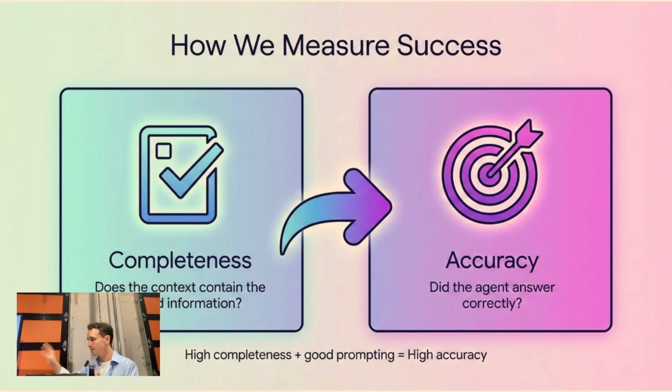That is different from if the agent actually answers the question correctly. So there are 2 evaluations going on when you run the evaluation script that's in the repository.